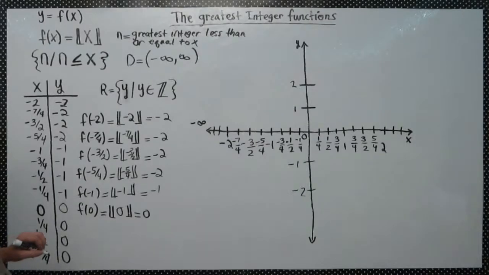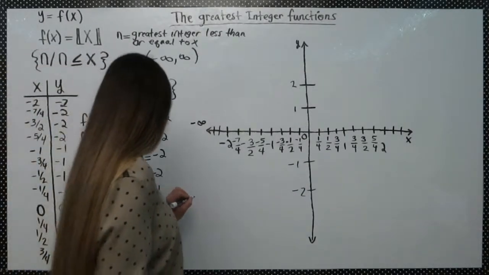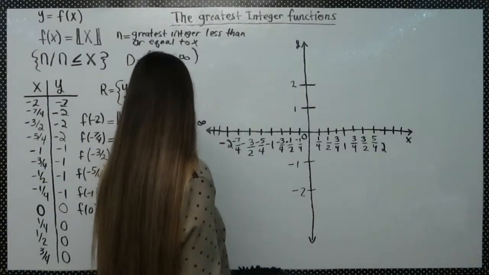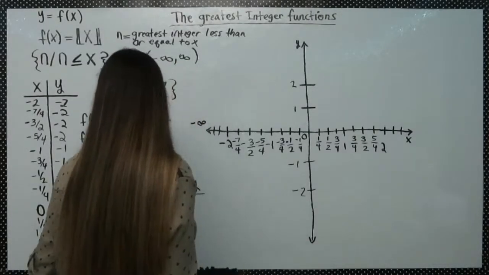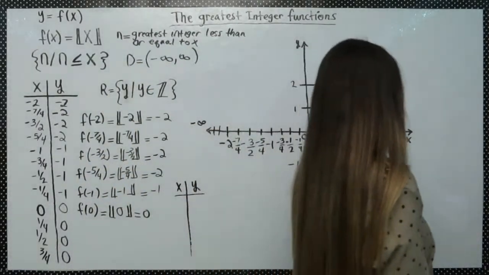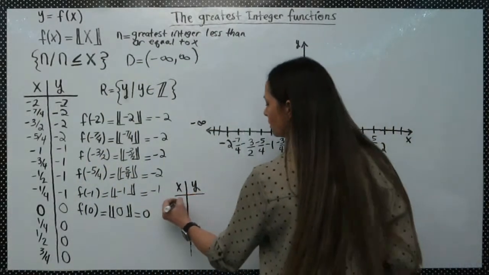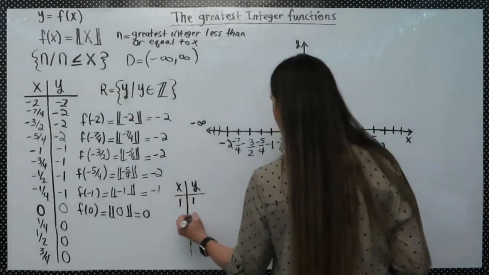Okay, so I have enough points where we can go ahead and continue the table here, maybe, and then finish X, Y. So 3/4 all the way up to 1. And then when X is 1, Y is 1.